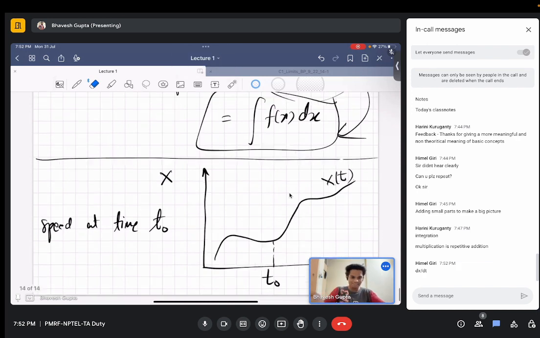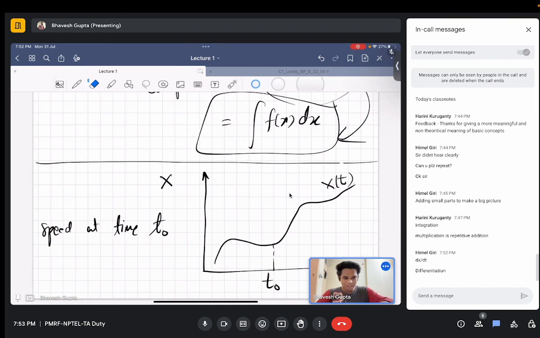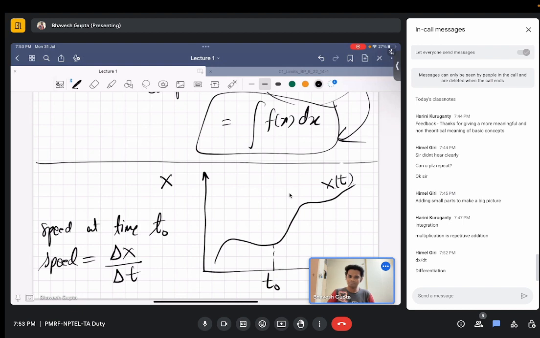Yes, it's a derivative. Exactly, we'll do the differentiation, because speed is the rate of change of position with respect to time. Speed measures the distance you've covered in a given interval of time. So this is the whole idea.